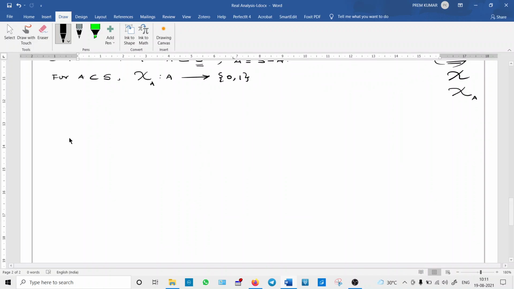And what is the definition? We are going to give a name for this function: it is called the characteristic function. That is the next definition.